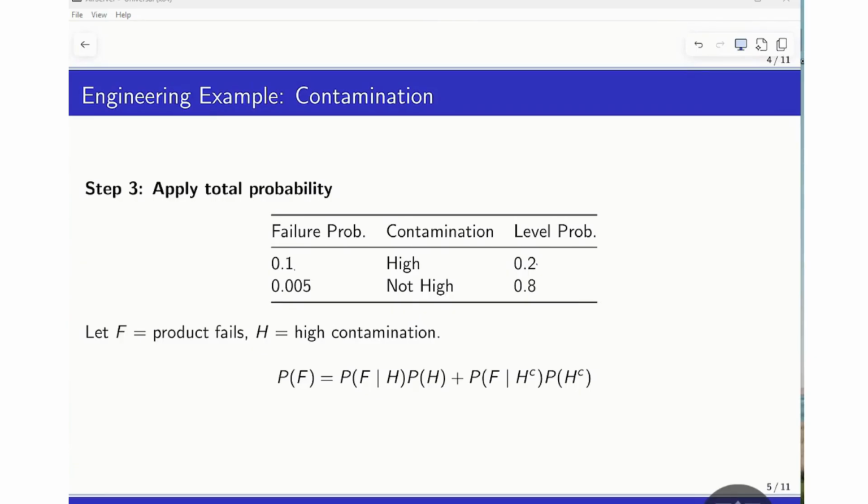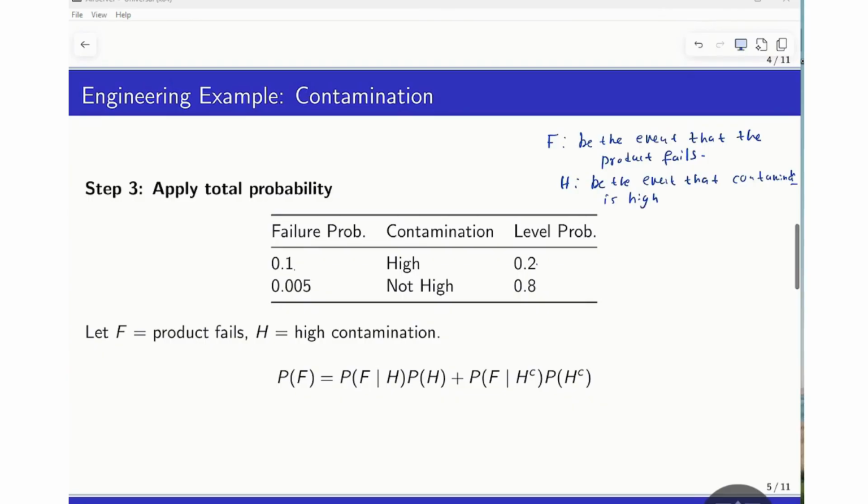Let H be the event that contamination is high, and let F be the event that the product fails.